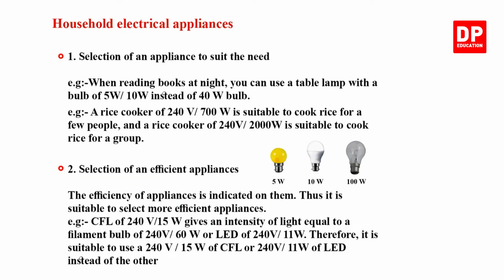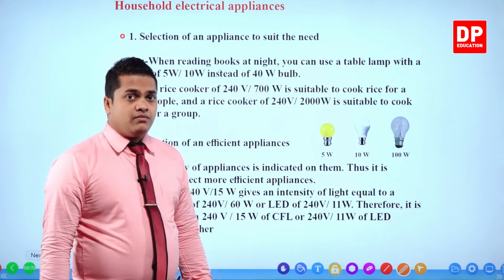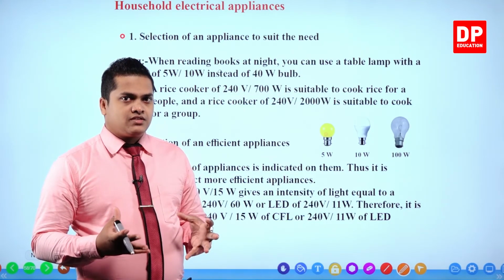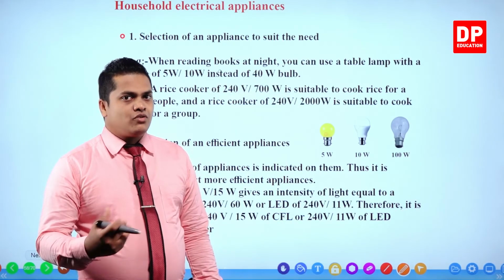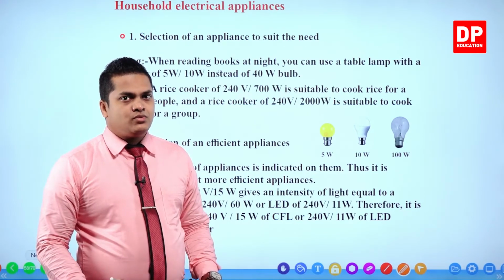When reading books at night, you can use a table lamp with a bulb of 5 or 10 watt instead of a 40-watt bulb. Now a 40-watt bulb means a filament bulb. Instead of that, you can use a simple LED bulb like 5-watt. The same amount of light is given out, but the energy consumption is very low.